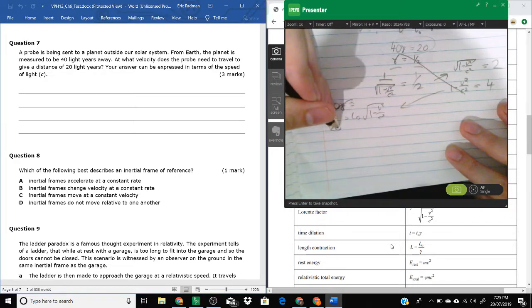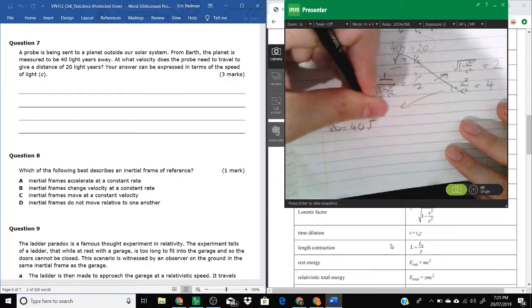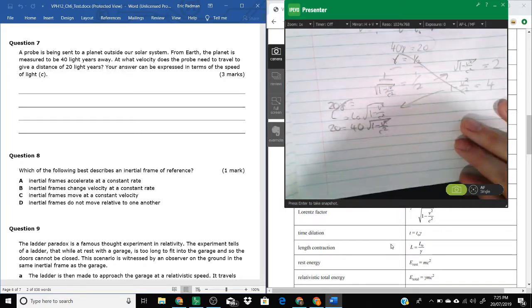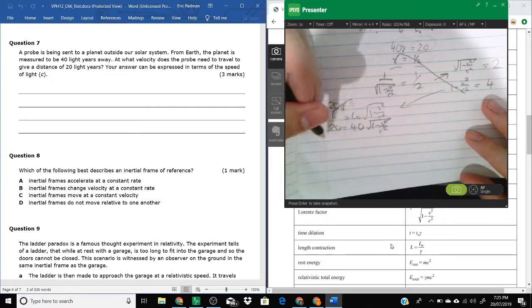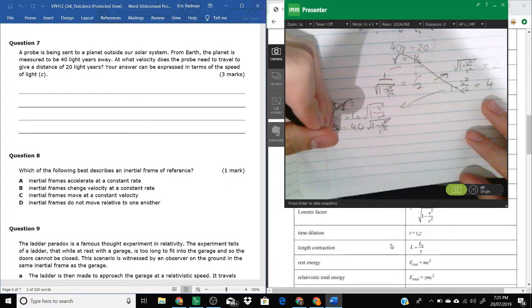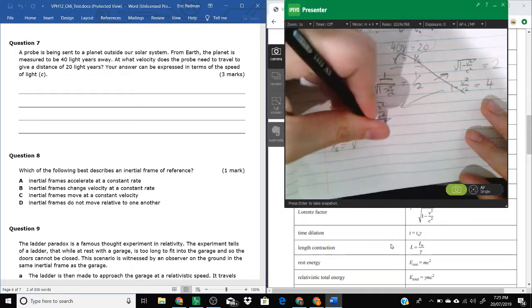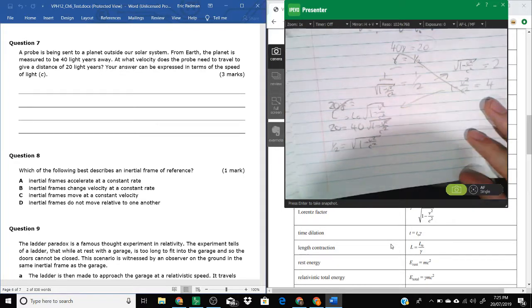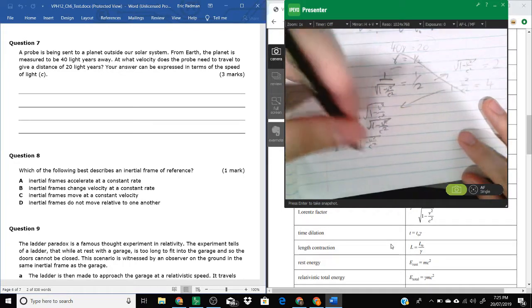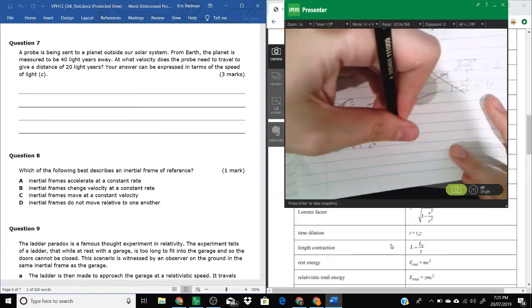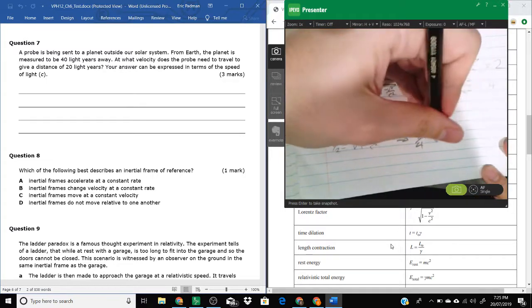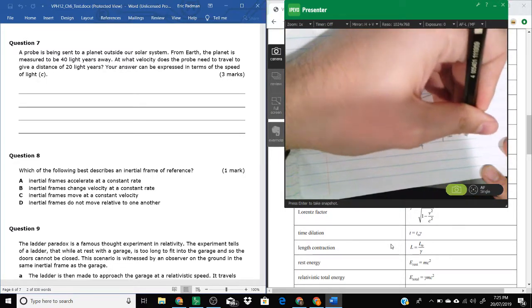So 20 equals 40 times that. Divide across: 1/2 equals the square root of 1 minus v squared on c squared. Square that: 1/4 equals 1 minus v squared on c squared.